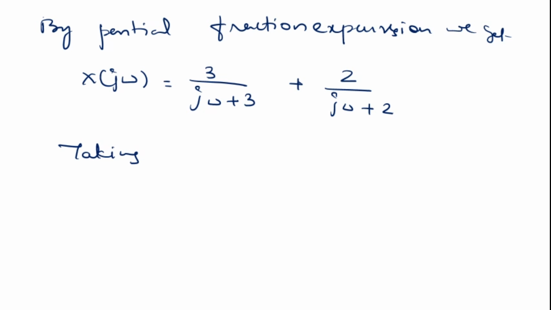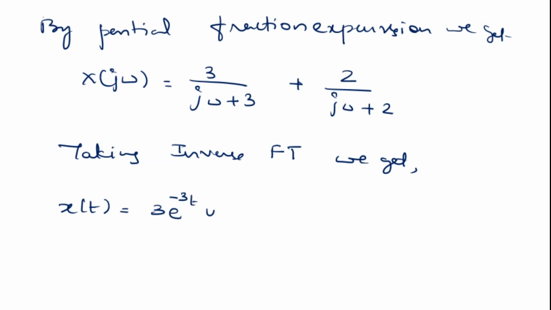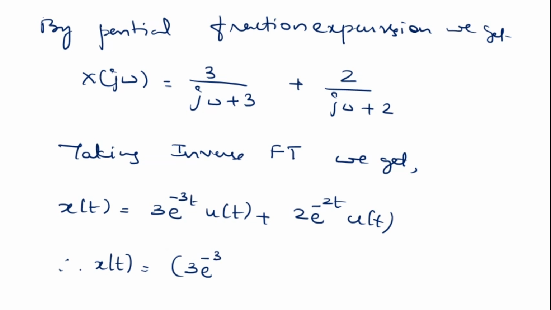Then taking inverse Fourier transform, we get x of t is equal to 3 into e power minus 3t into u of t plus 2 into e power minus 2t into u of t. Therefore, x of t is equal to 3 into e power minus 3t plus 2 into e power minus 2t into u of t.